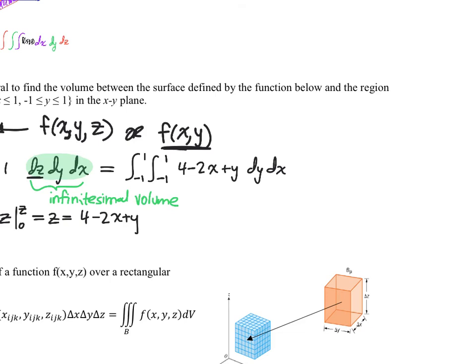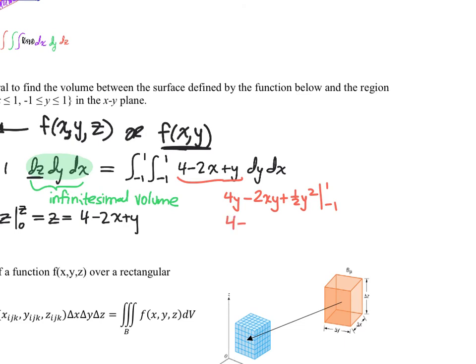So I'd be looking at, well, I just focus on this piece. Integrating with respect to y, we're looking at 4y minus 2xy plus 1/2 y squared over the interval of -1 to 1. I'm going to do a little plugging and chugging. All right, we're plugging in for y.